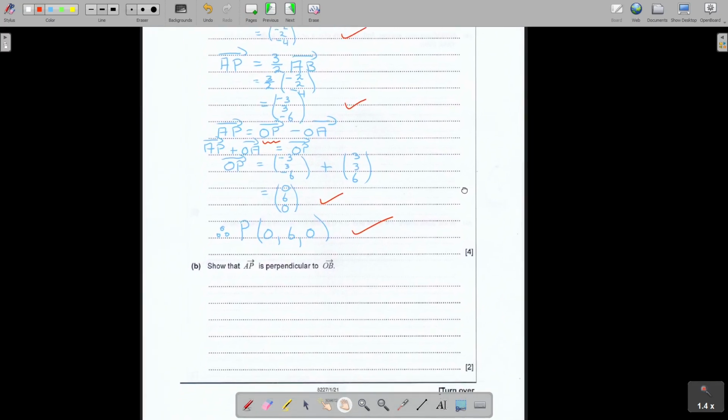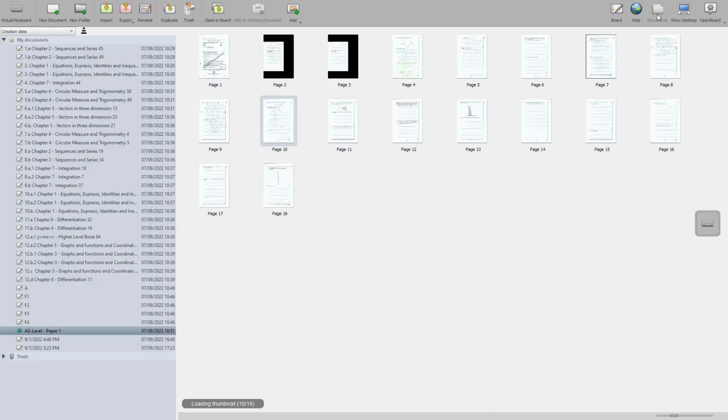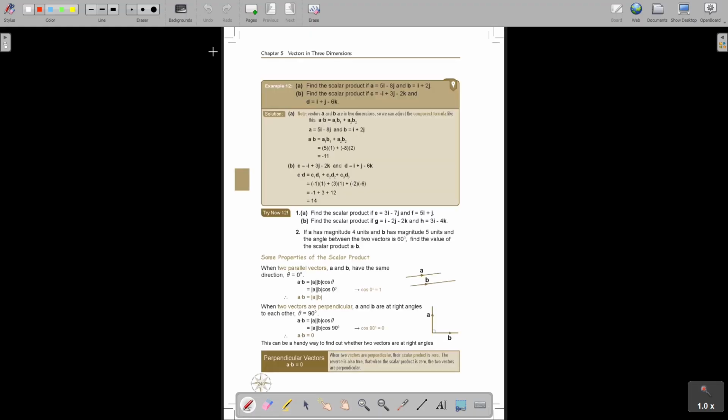And now this question, and usually learners struggle a little bit with this showing. They know, okay, perpendicular, 0, scalar product. But let me take you again just to the textbook, refreshing your memory. That was question 6b.